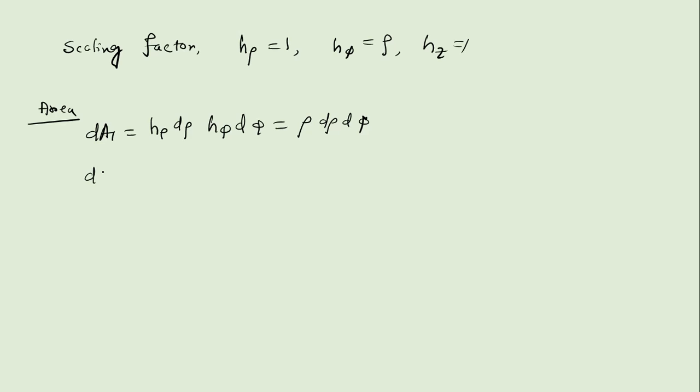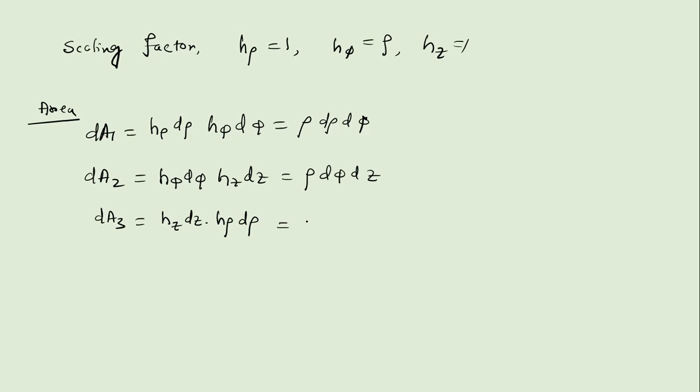Similarly, the second area is h phi d phi times h z dz, that is rho d phi dz. And the third area is h z dz times h rho d rho, which is d rho dz. I think it is clear.